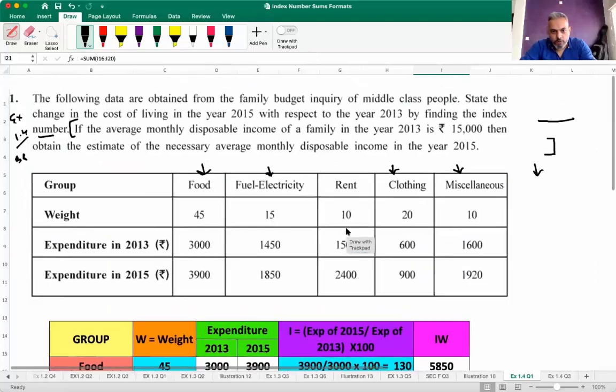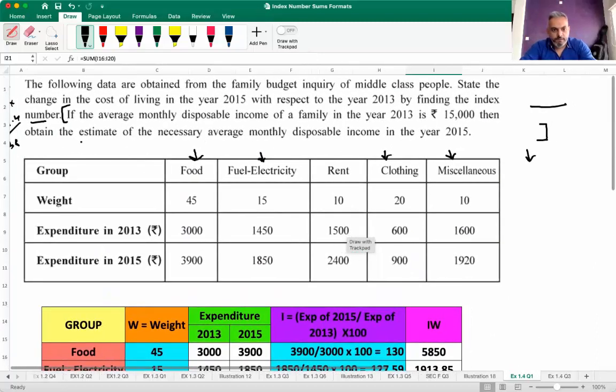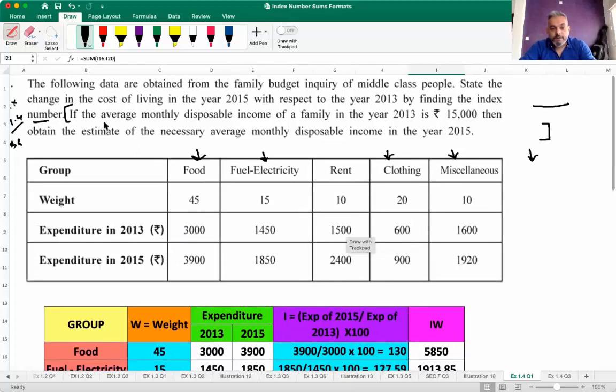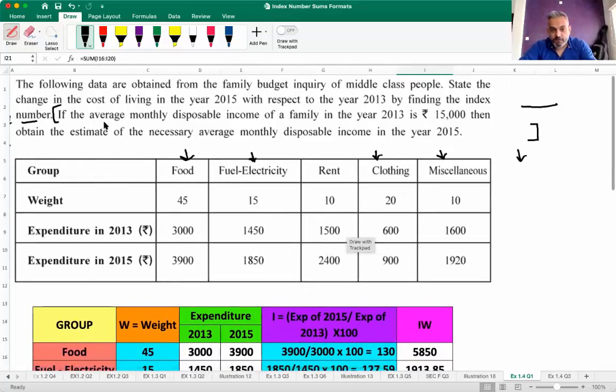Now what you have to do over here? Now see this part. If the average monthly disposable income of a family in the year 2013 is 15,000, obtain the estimate of necessary average monthly disposable income in the year 2015.